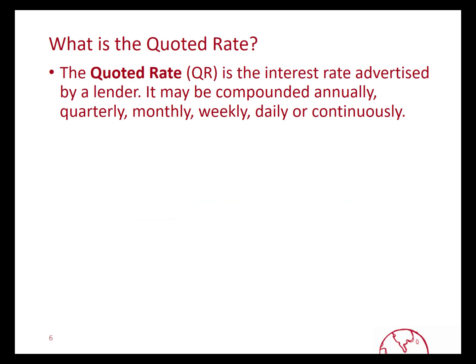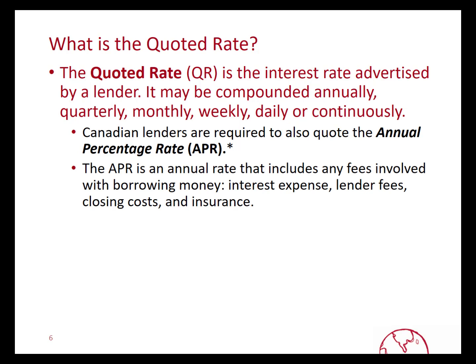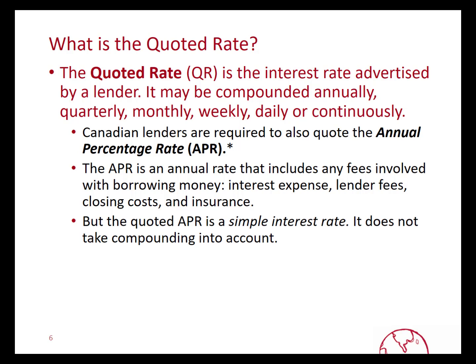So the quoted rate is the rate that is advertised by a lender. It may be compounded annually, quarterly, monthly, or something else. In Canada, lenders are required to quote an annual percentage rate, or APR. Be very careful with this rate, because although it includes any fees that you'll be required to pay, including interest expense, other lender fees, closing costs, etc., the APR is a simple interest rate.